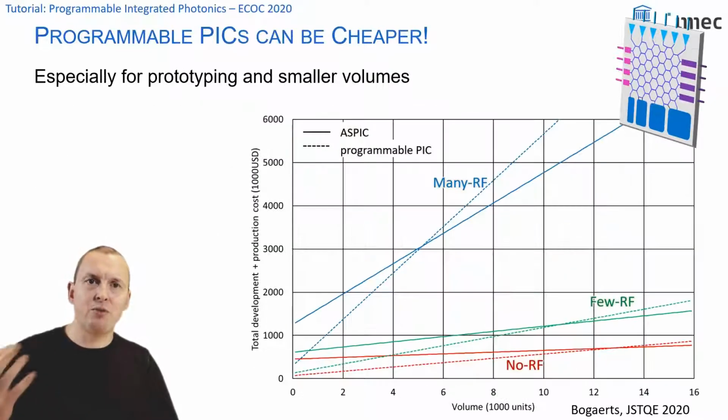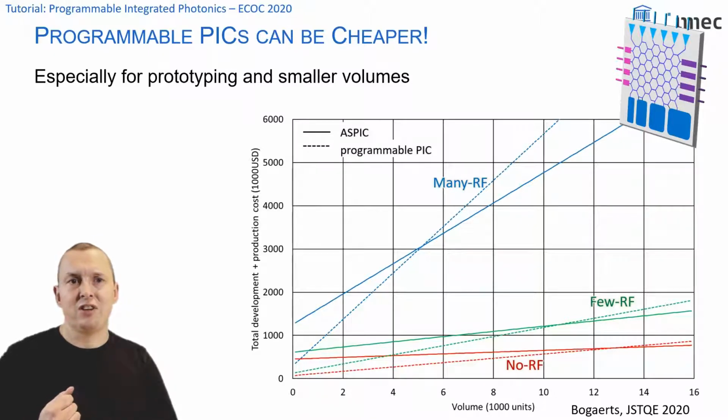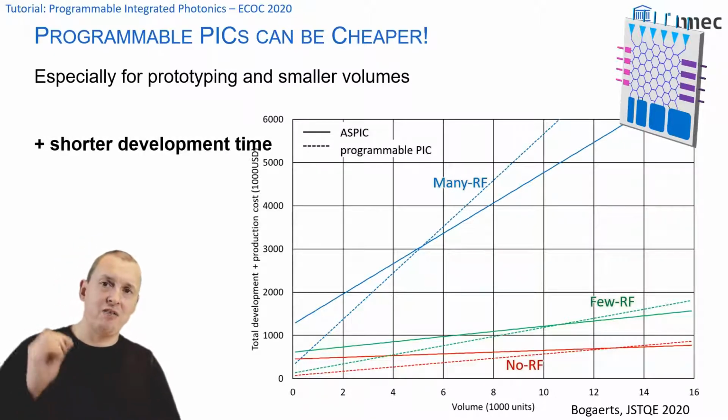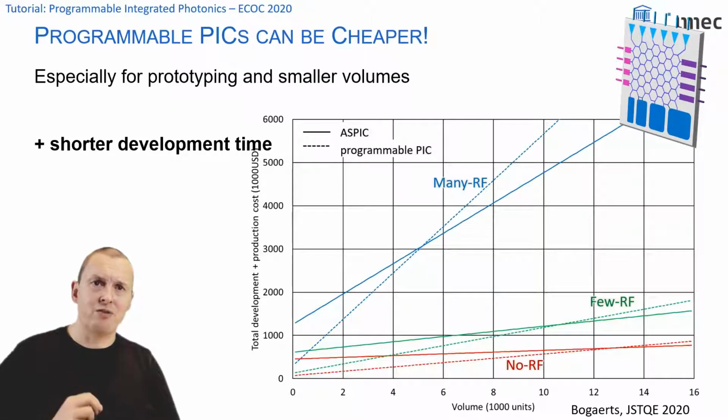And that means that for prototyping at smaller volumes, these programmable photonic chips can be essentially cheaper than an application-specific circuit. On top of that, you have a very strong benefit of programmable photonic chips. You have a much shorter development time.